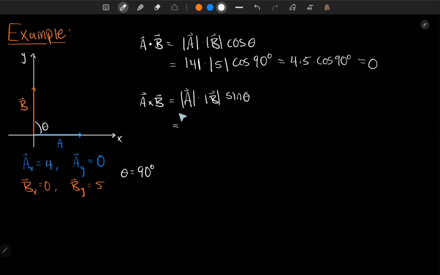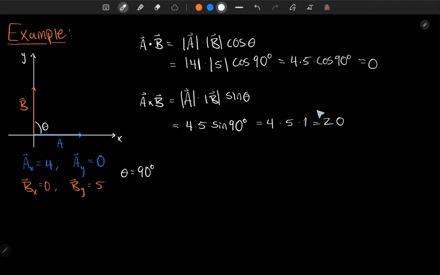So, we have 4 times 5 times the sine of 90 degrees. But if you know your trigonometry, or you plug this into a calculator, the sine of 90 degrees is 1. So, A cross B is equal to 4 times 5 times 1, which is equal to 20.